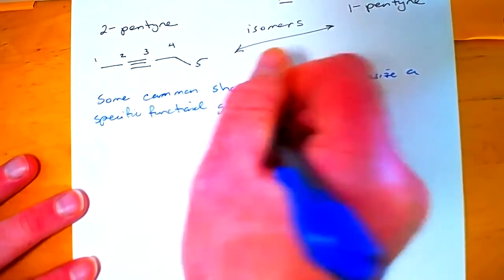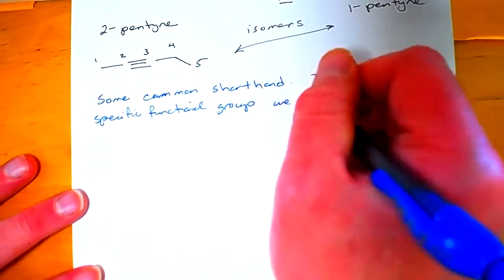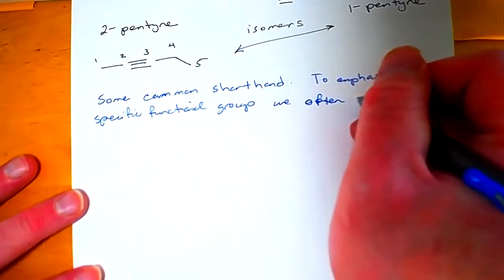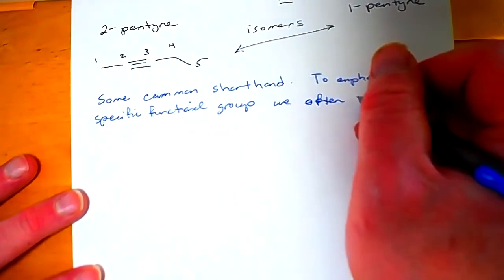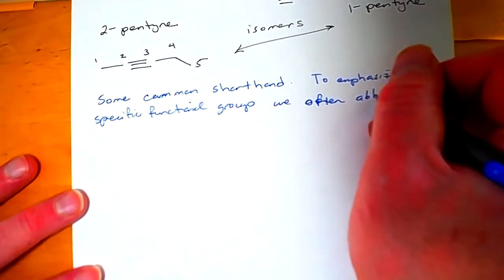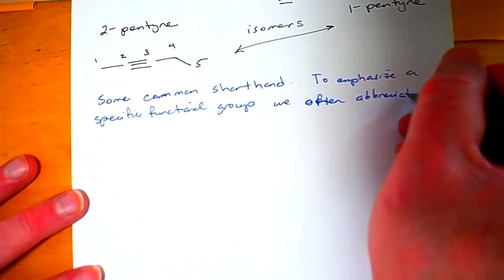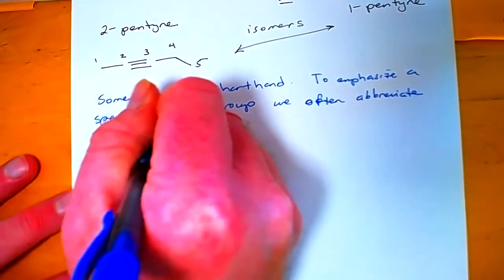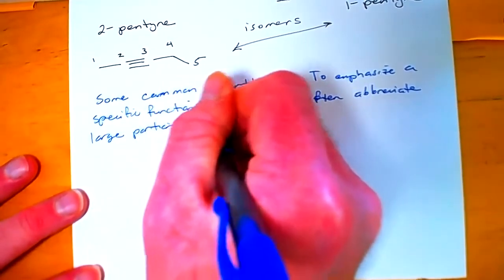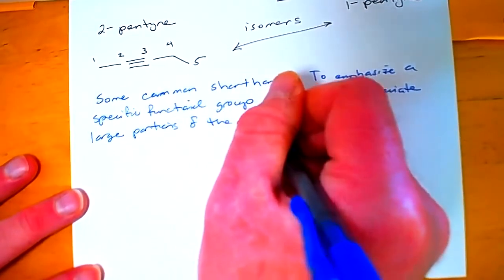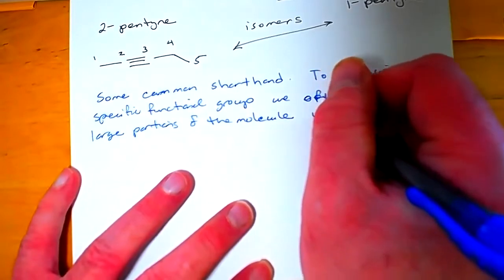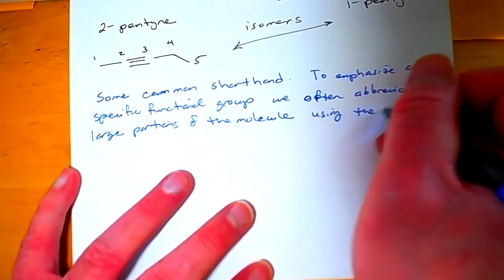To emphasize a specific functional group, we often abbreviate large portions of the molecule using the letter R.